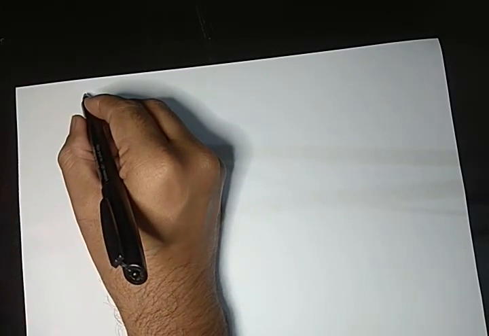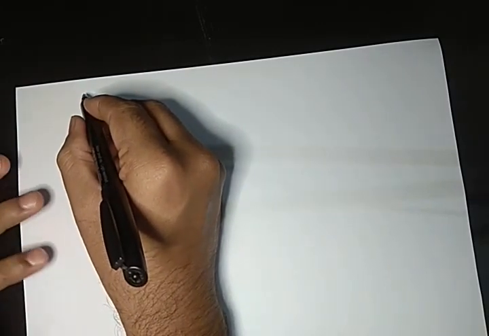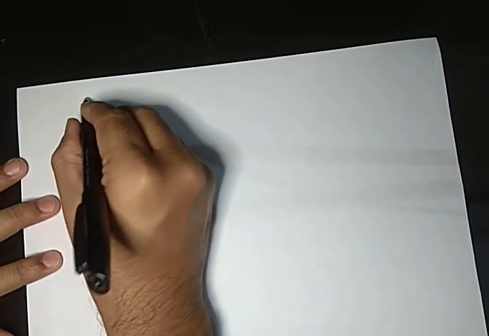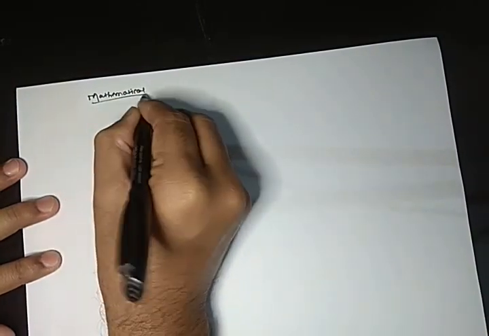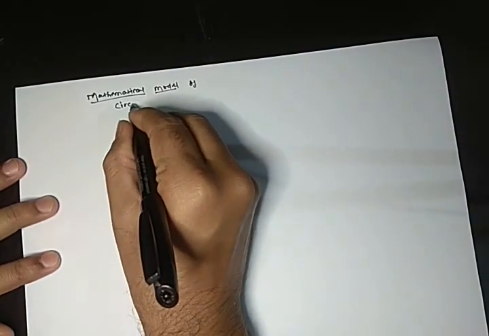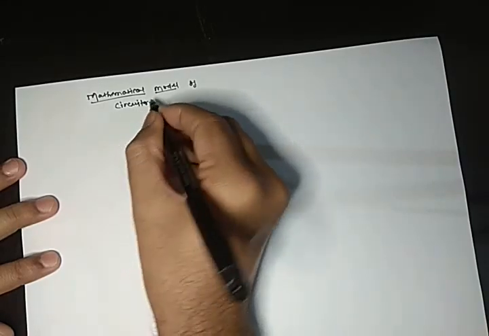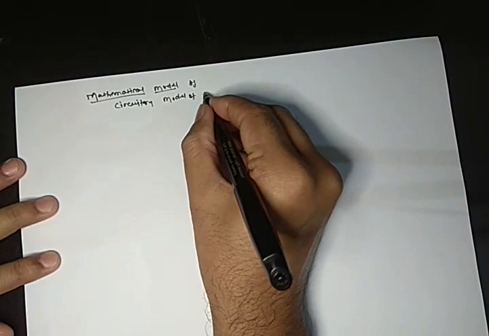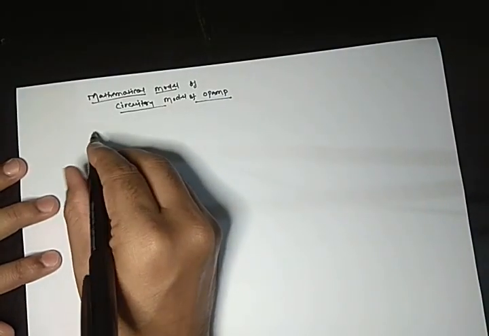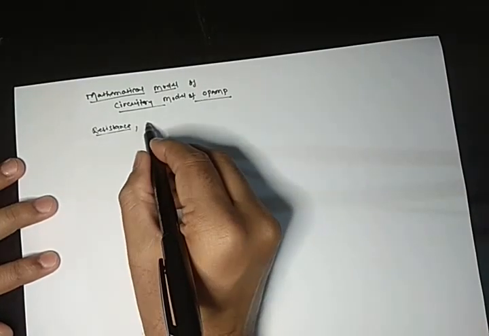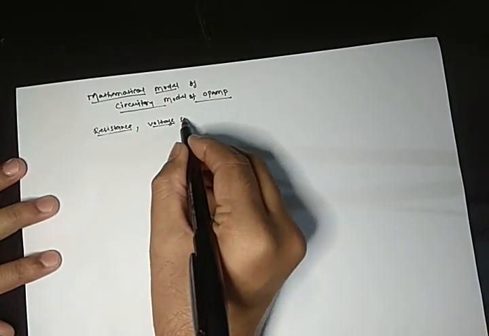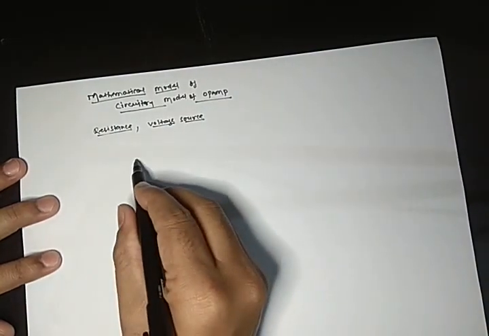Now, going through the Opamp structure, the mathematical model or the circuit model of the Opamp, means with the help of linear elements like resistance and voltage source, we can represent the Opamp.